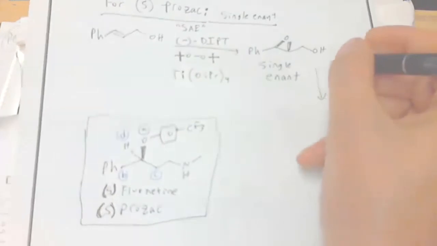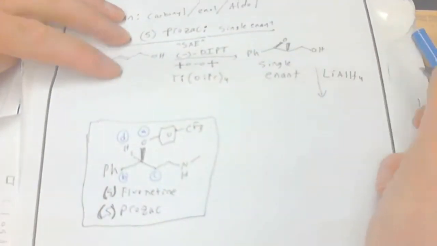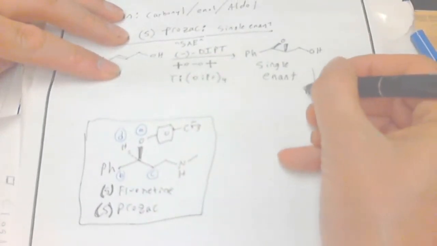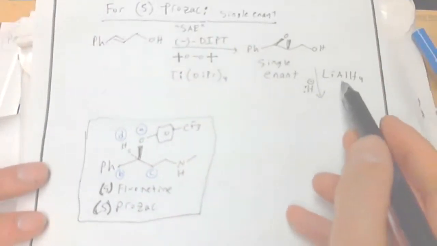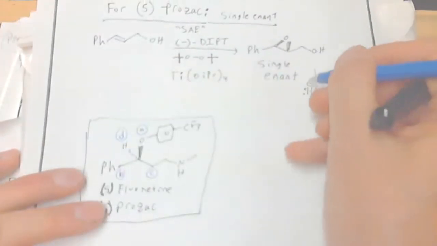They use lithium aluminum hydride, which is just a reducing agent, and essentially it's H dot minus, right? Okay, and we can just delete the bond and turn it into an alcohol.